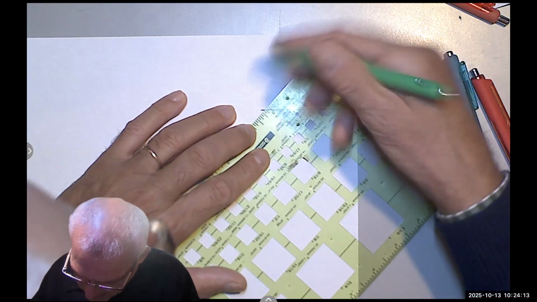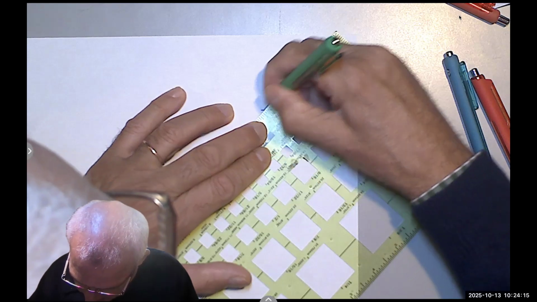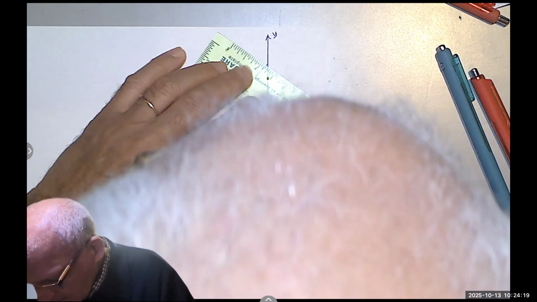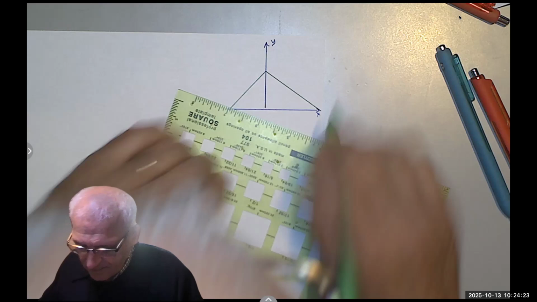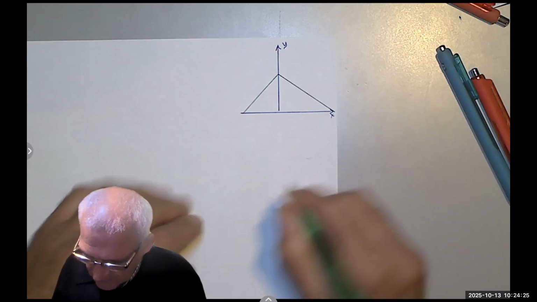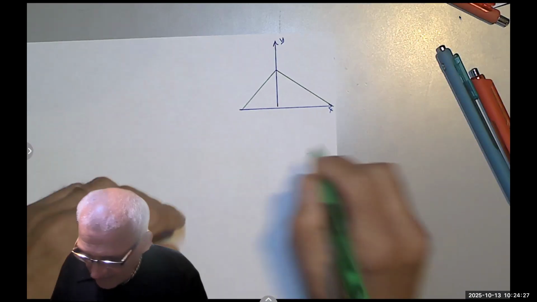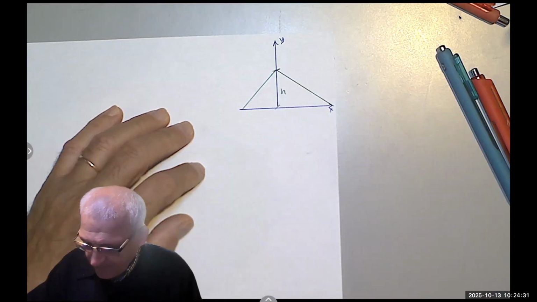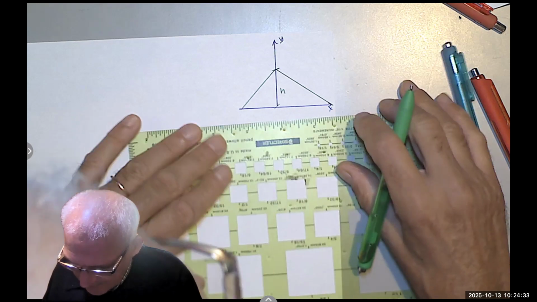Let's say it goes something like this. Again, this is the height h, and that's the base b.